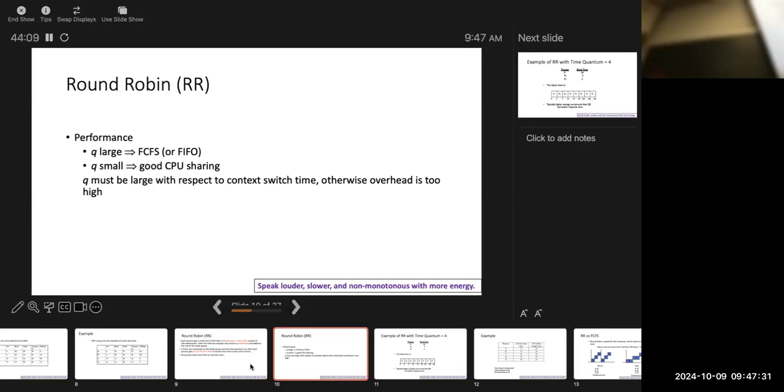So the quantum should not be extremely small. Otherwise, the overhead of the context switch will keep increasing, and it should be large with respect to the context switch time. Let's say that a single context switch takes 2 time units. Then at least your Q should be greater than 2.